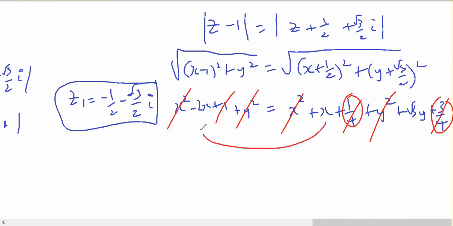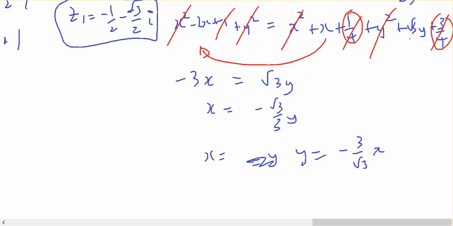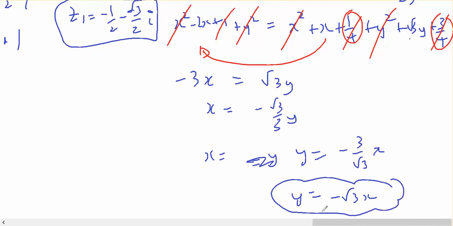So if I move this over, that will give me minus 3x equals root 3 y. x equals negative root 3 on 3 y, which is y equals negative 3 on root 3 x, which is y equals negative root 3 x when you rationalise the denominator.